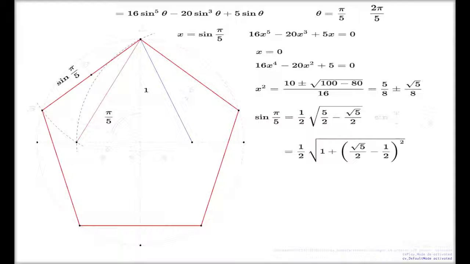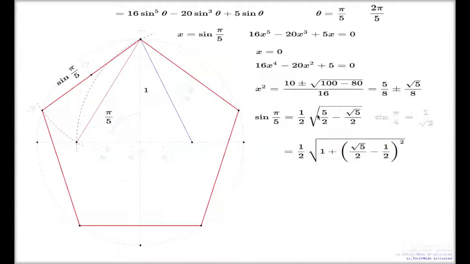But if you just check the arithmetic, it's a correct modification. If you expand this bracket via the binomial formula, the square of this plus the square of this plus this 1 will return exactly 5 on 2. And the double product within this bracket will be this term. So it's a proper replacement, even though you may not see the reason for it yet.